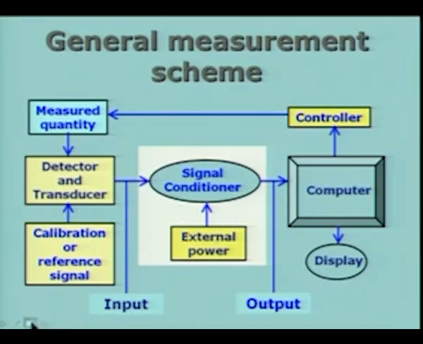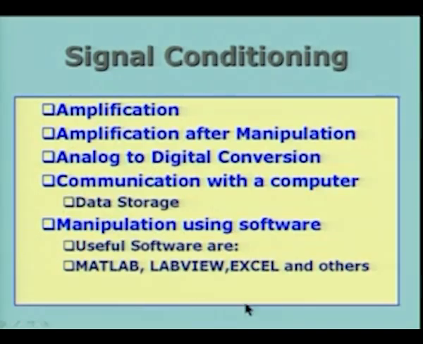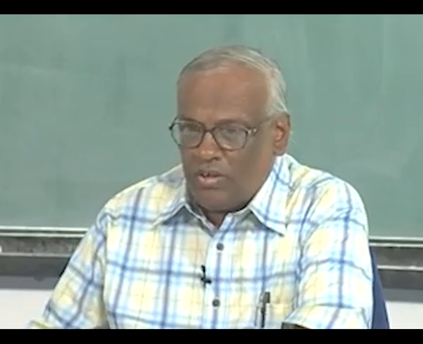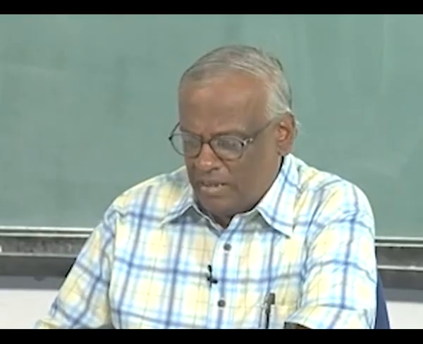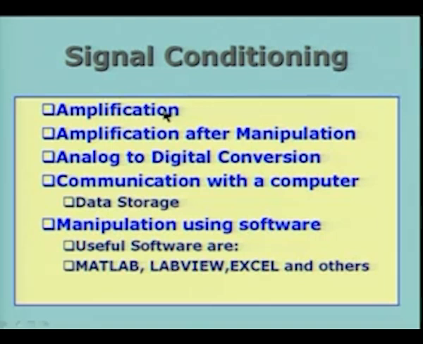So, let us look at the type of things one would like to do in signal conditioning. I have just labeled a few of them. One is of course amplification, where the magnitude of the voltage or the current or whatever signal we are getting is too small. We would like to make it bigger by amplification. It may also be amplified after some manipulation, like multiplying by a factor or by taking the logarithm, as we mentioned earlier.